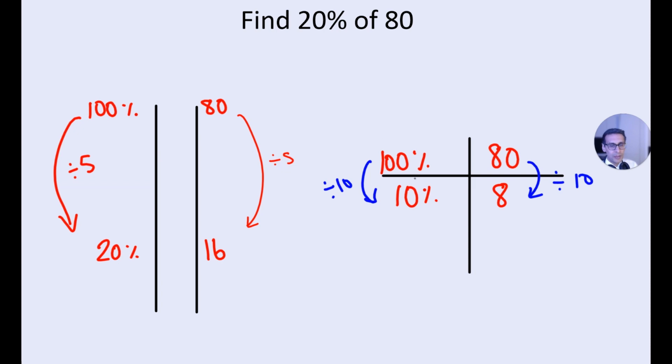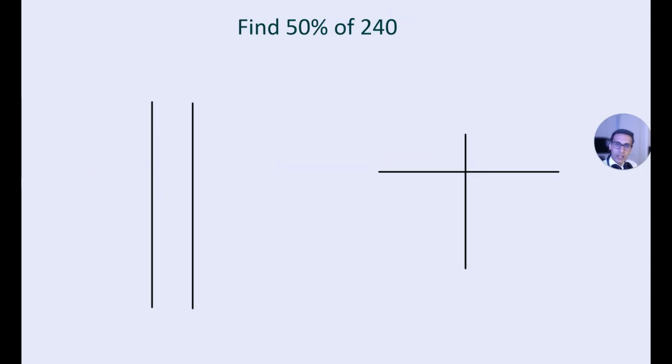Now to go from 10% to 20% is actually a lot easier here, because we're just going to multiply it by 2. So times 2, 8 times 2 is going to be 16. So sometimes you can take multiple steps, sometimes you can do it in one go. Both equally valid, whichever is easiest, whichever requires the least effort, but we need to make sure we use one of these two methods.